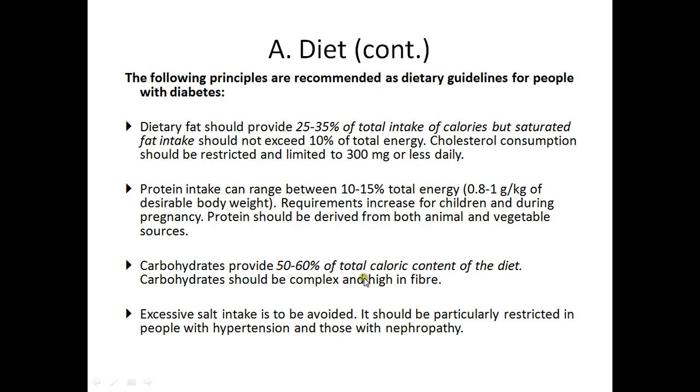Carbohydrates should be 50 to 60% of total caloric content of the diet. Carbohydrates should be complex and high in fiber, so they should have a low glycemic index. Glycemic index is the rapidity with which the glucose level rises in the body when you take a food. Sugar will shoot the glucose levels at a very rapid rate, so it has a high glycemic index.